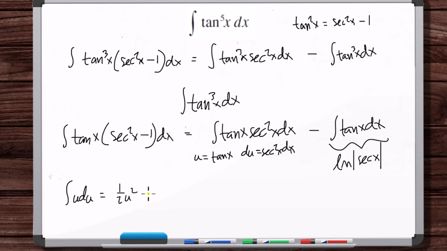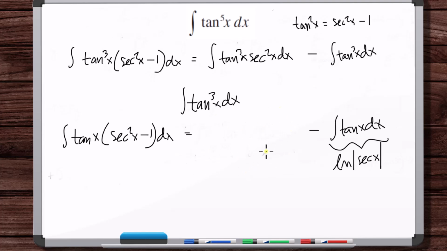So 1/2 tangent squared of x, and then this is the natural log of the absolute value of secant x.